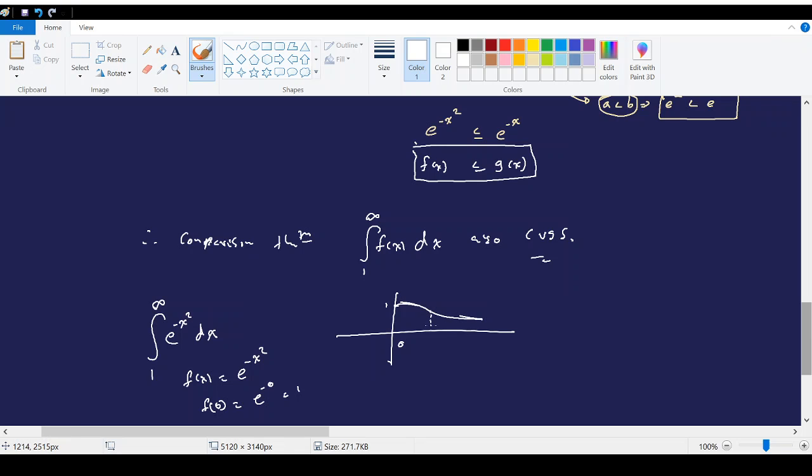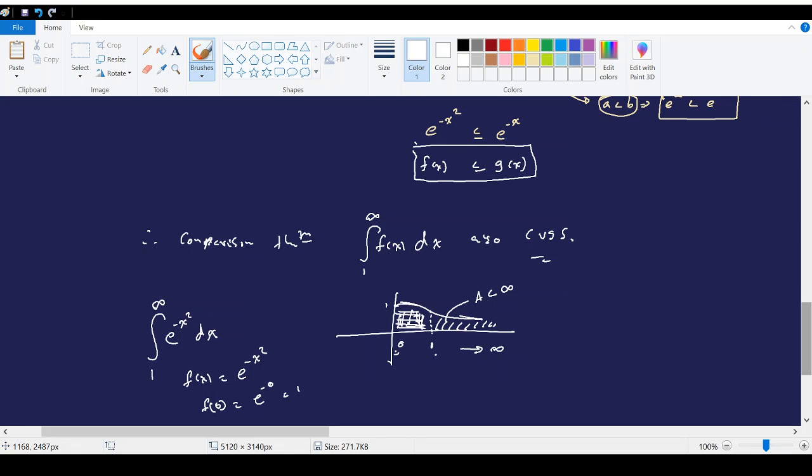And we have shown that the area in this region, starting from 1 to infinity, is a finite value. So this area is a finite value, and since the function is continuous and you don't have any vertical asymptotes in the region from 0 to 1, we can also say that this area is finite.